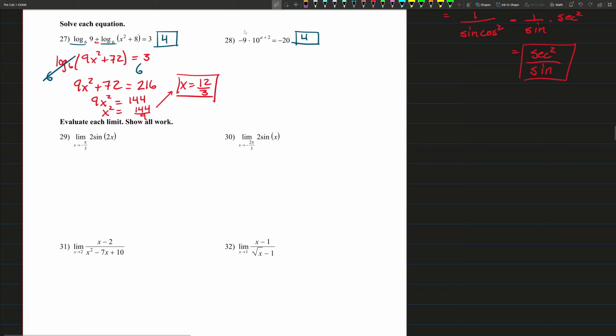Number 28 is kind of like the reverse of that problem. Right, so now we have an exponential and we've got to solve it. So we would divide both sides by 9. So we have 10 to the power of a plus 2 is equal to 20 over 9. In order to undo this exponent of 10, we have to take log base 10 on both sides.